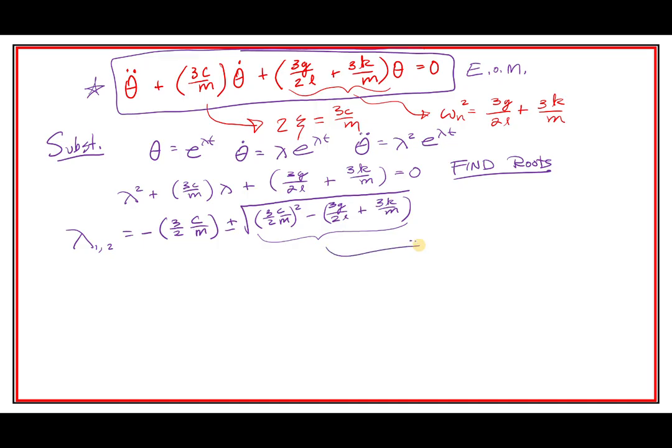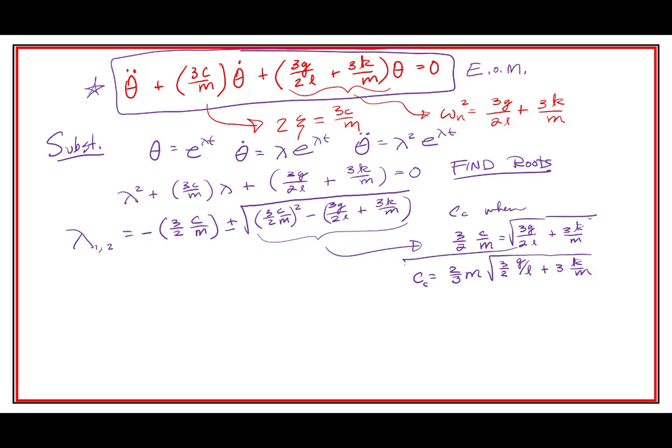So that means C critical happens when 3 halves C over M, what we're really doing is trying to find what C is going to be, equals the square root of 3G over 2L plus 3K over M, which is going to be C critical equals 2/3 M times the square root of 3/2 G over L plus 3 times K over M.